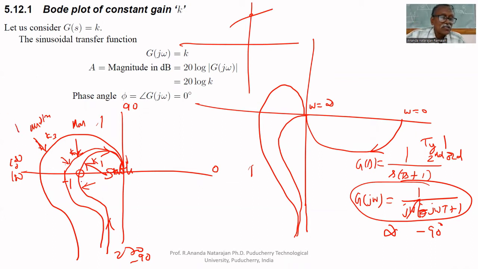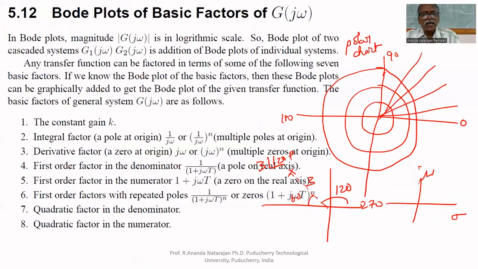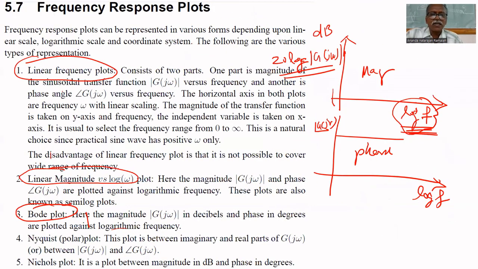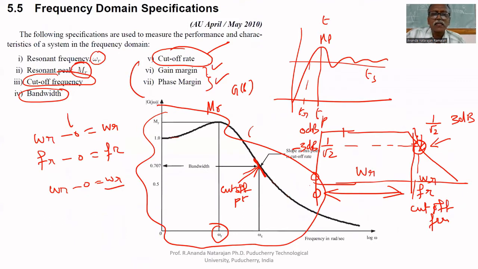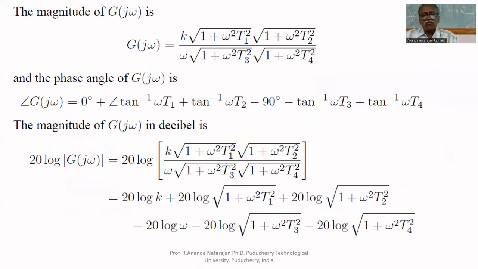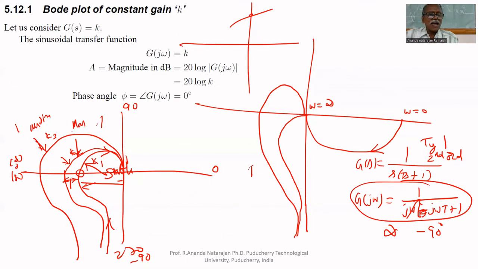In other words, if you increase k by this much, it will cross -1. That is called gain margin. I told you that I'll explain this later. If you increase k, the frequency response will be amplified.